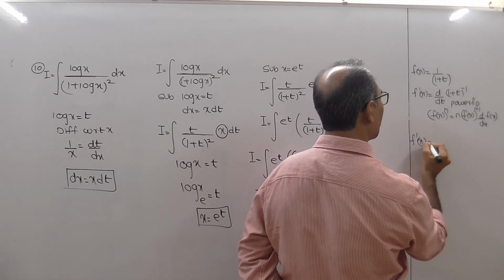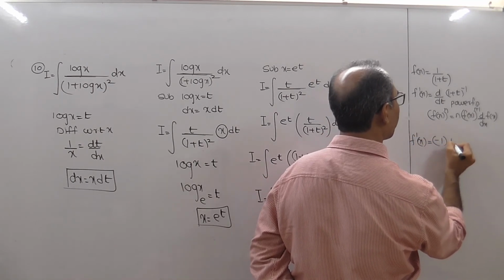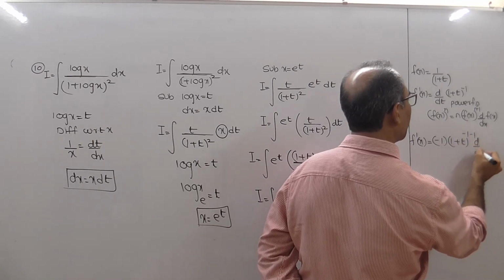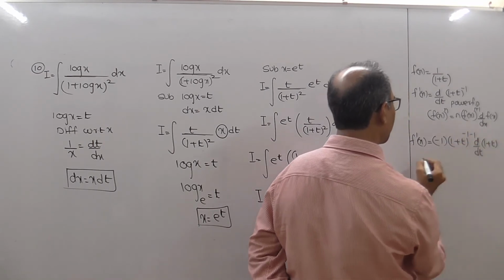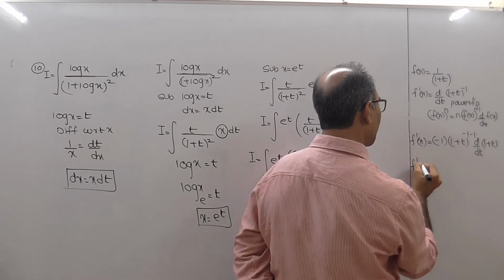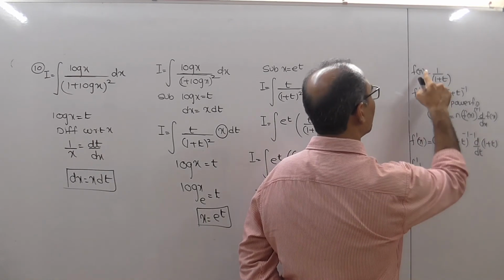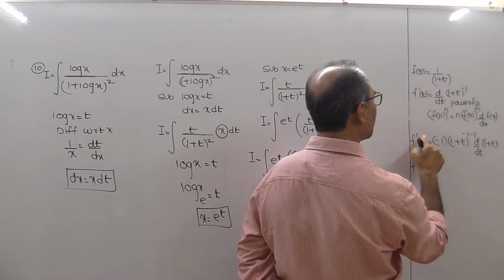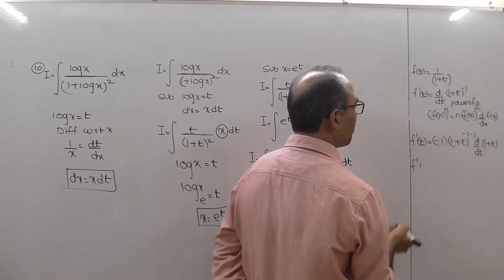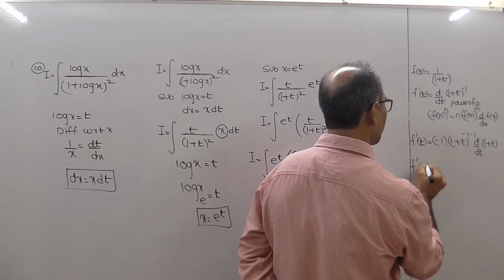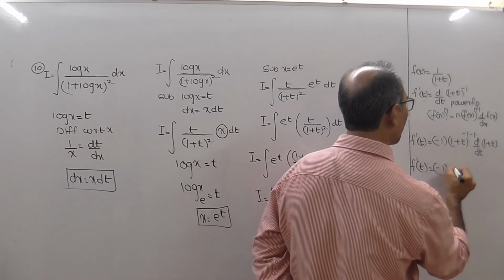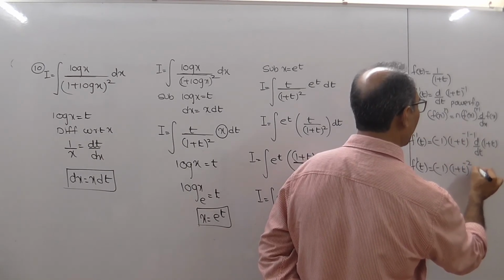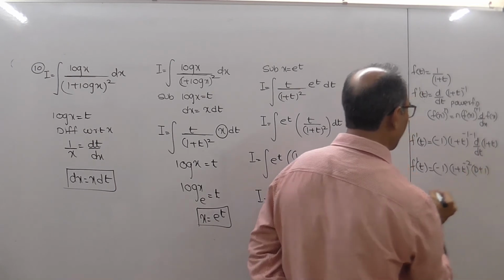So I will have f dash of x equal to n f of x raised to n minus 1 d by dt of 1 plus t. So you take f of t, f dash of t, because we are differentiating with respect to t now. So f dash of t equals minus 1 plus t raised to minus 2, derivative of 1 is 0 and derivative of t is 1.